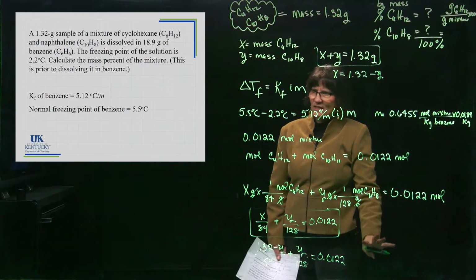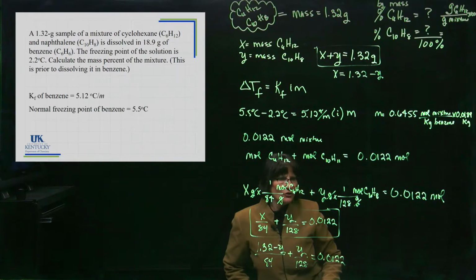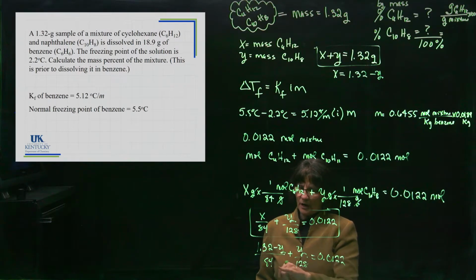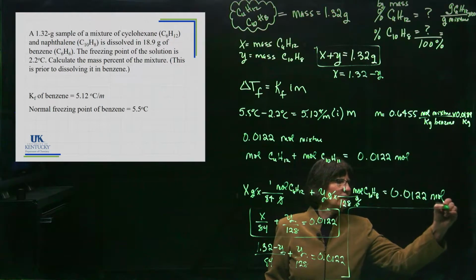Okay, so I'm going to see if I can solve for Y in this little space over here to the right. The first thing I'm going to do is get a common denominator between 84 and 128. I'm going to make myself a little bit more room.